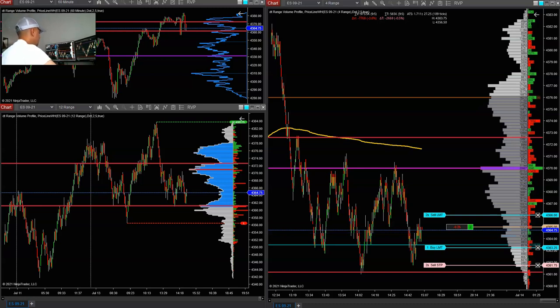Yeah, see, just seesawing back and forth.